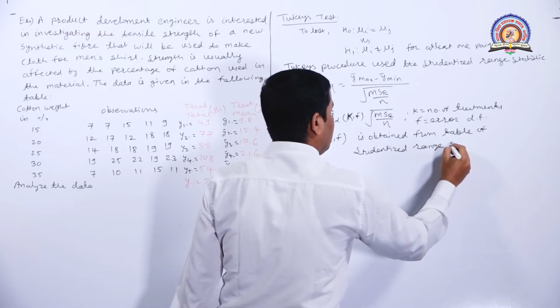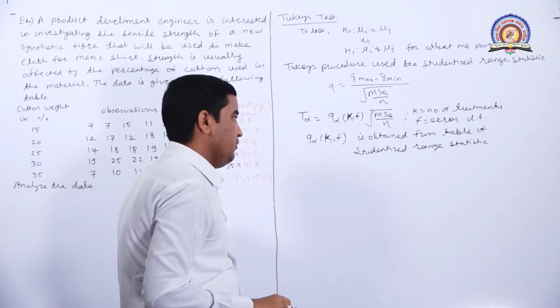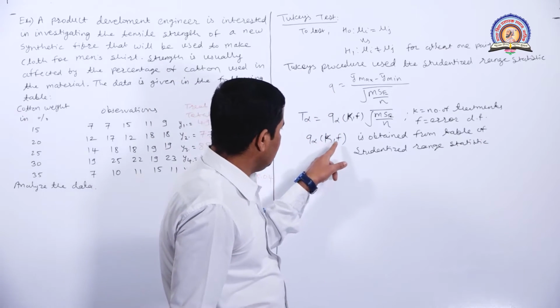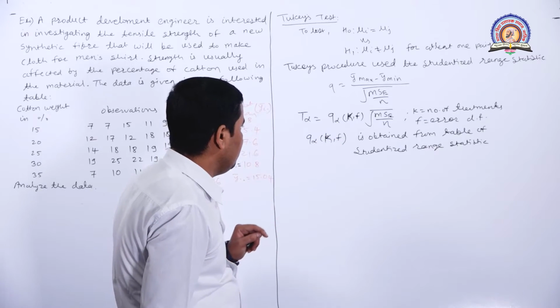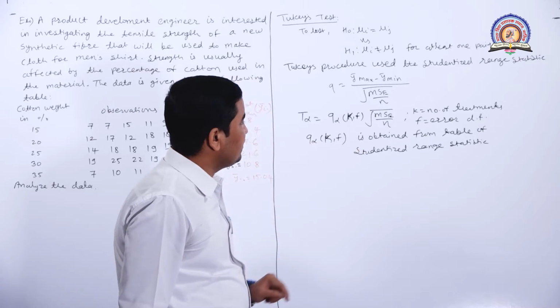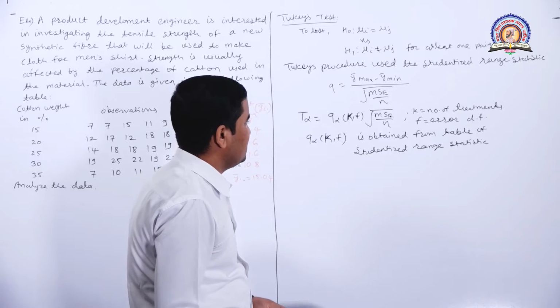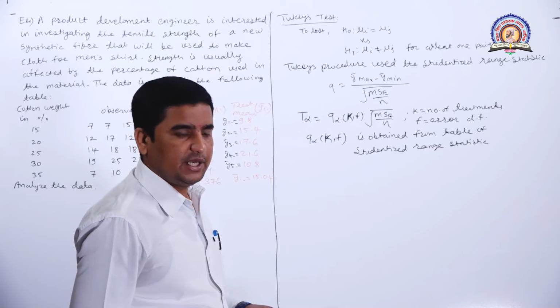So there is one table called studentized range statistics. Alpha is the level of significance, K is the number of treatments, and F is the error degree of freedom. For different values of alpha, K and F, the table is given, and this value is obtained from the table of studentized range statistics.